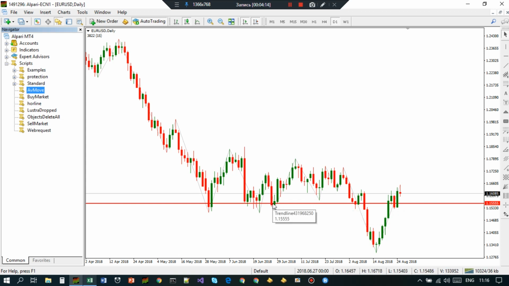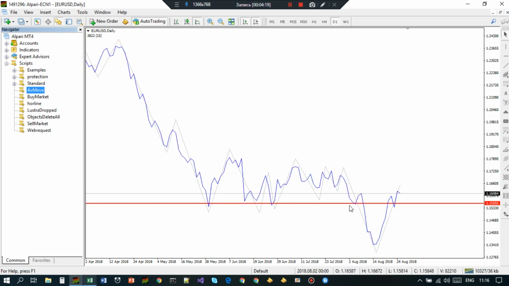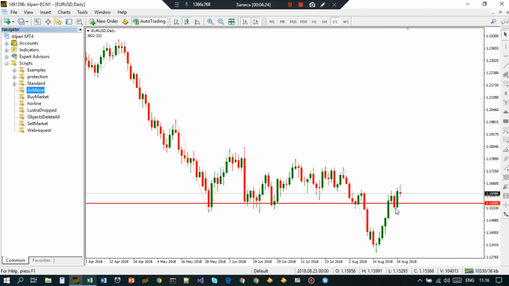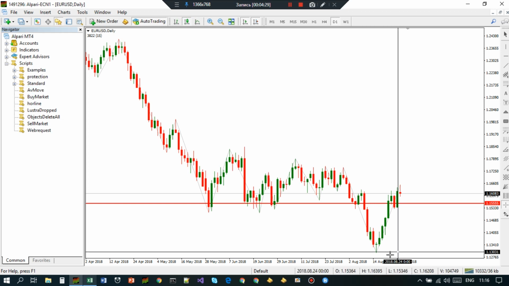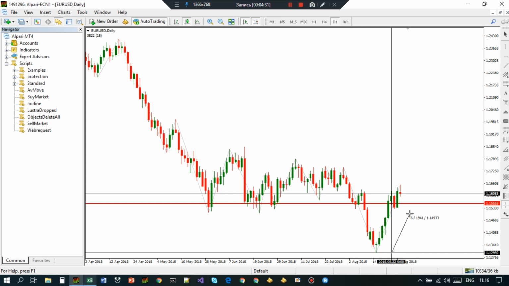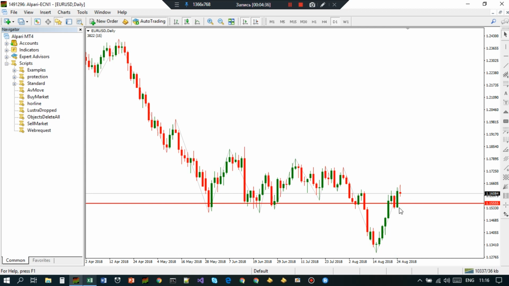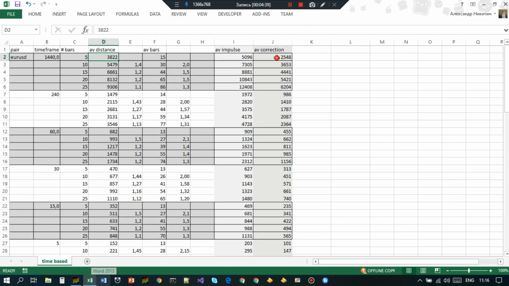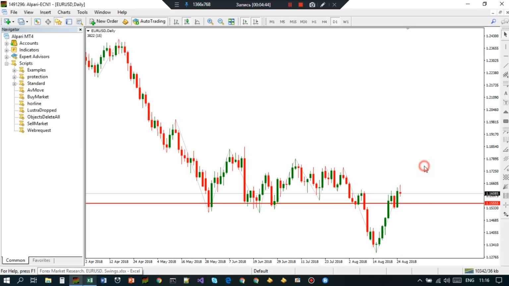If you look left, you will see that it was actually a support level in the past, and it is simply the average correction size of 258 pips, and this 254 pips. Okay, so that is the average correction size. Now we just broke that correction size.